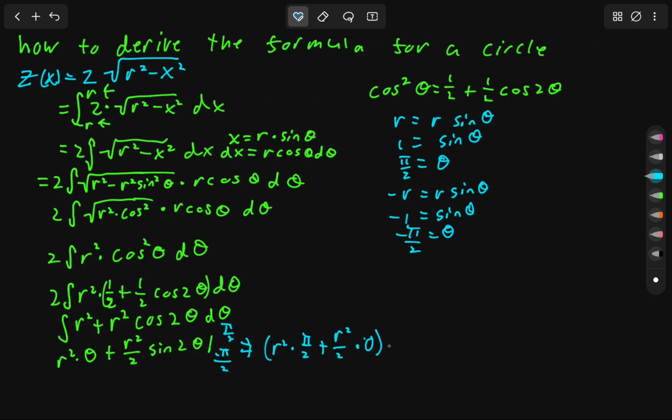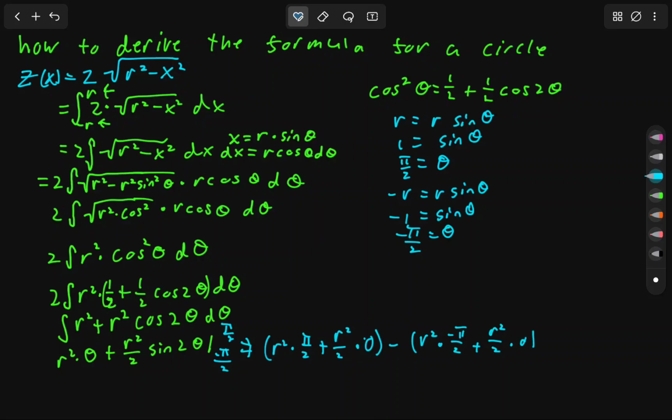It nicely drops out. Minus, though, r squared, which in this case is still r squared, times our theta, which is negative pi divided by 2, plus r squared divided by 2. However, sine of negative pi over 2 times 2, that's just sine of negative pi, which evaluates to 0.